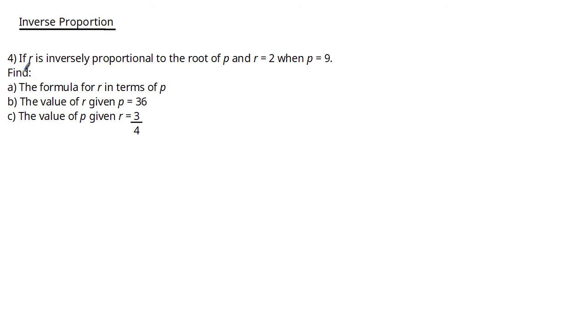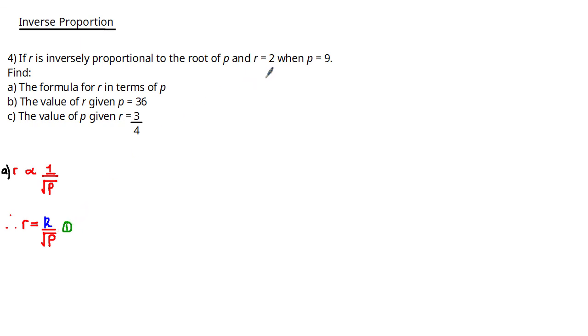Welcome back, guys. Since we're told that R is inversely proportional to the root of P, we can say that R is proportional to 1 over the square root of P, and therefore R is equal to K over the square root of P, where K is a constant to be found, and we can label this equation 1.